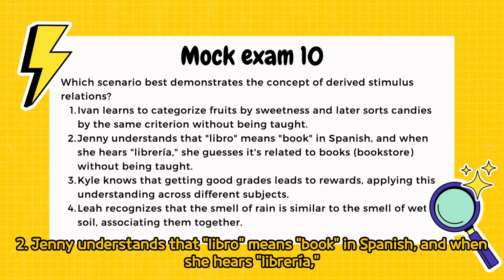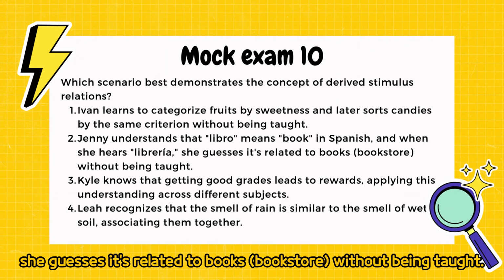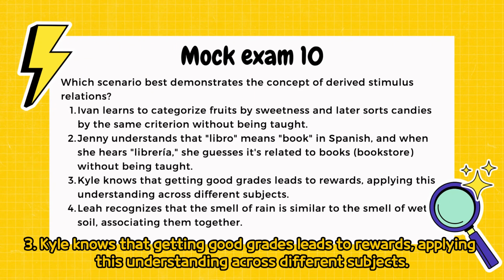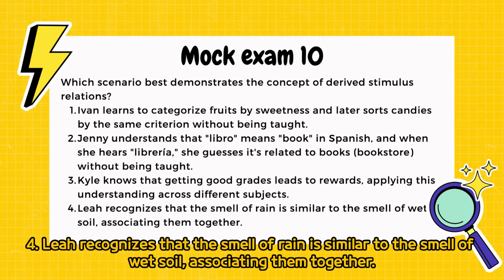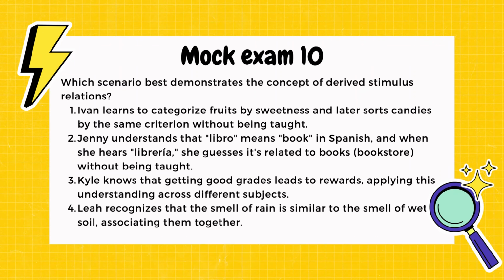Jenny understands that libro means book in Spanish, and when she hears librería, she guesses it's related to books, bookstore, without being taught. 3. Kyle knows that getting good grades leads to rewards, applying this understanding across different subjects. 4. Leah recognizes that the smell of rain is similar to the smell of wet soil, associating them together.